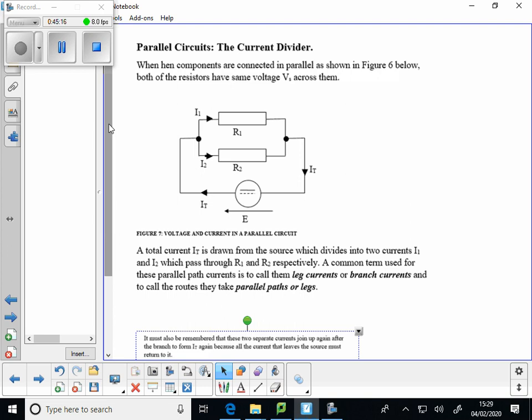What you'll hear these two currents called sometimes are leg currents or branch currents. They take parallel paths or legs.